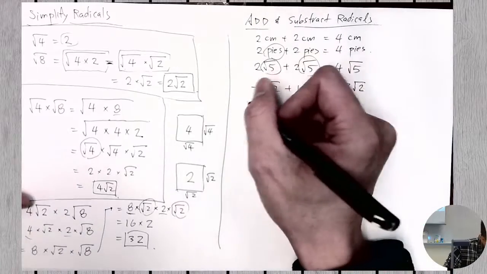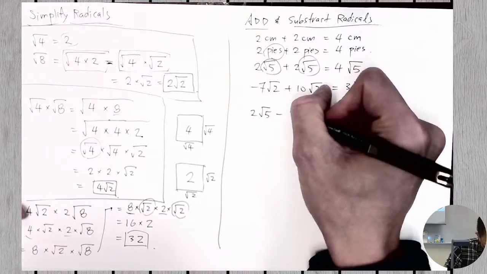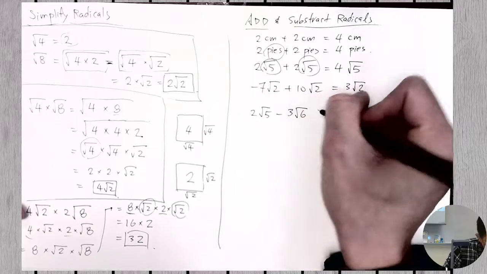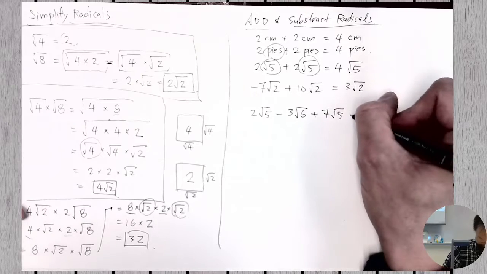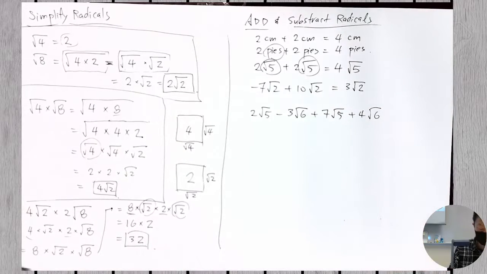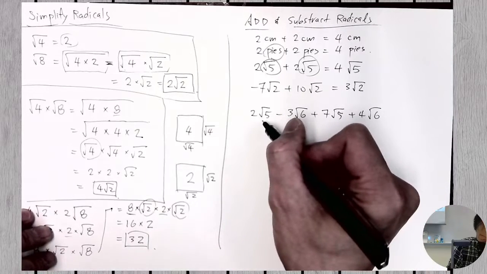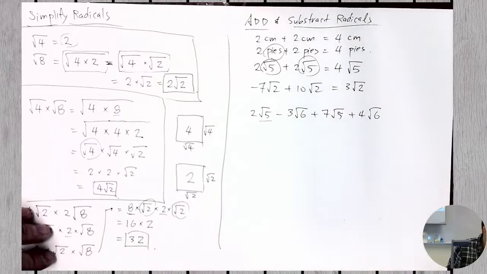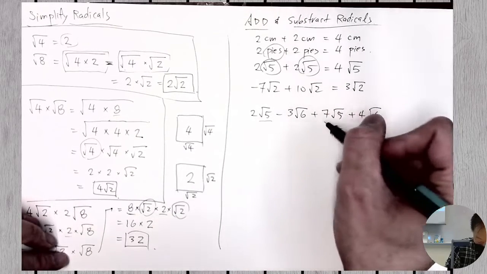Awesome. Now, what if I have 2 square root 5 minus 3 square root 6 plus 7 square root 5 plus 4 square root 6. Oh, okay. So you can imagine 5 as apple and 6 as tomato, whatever.